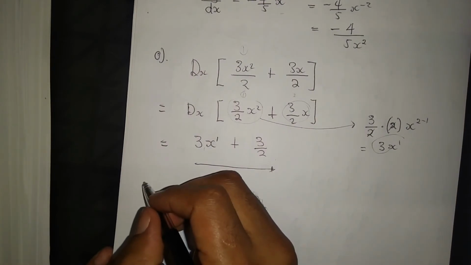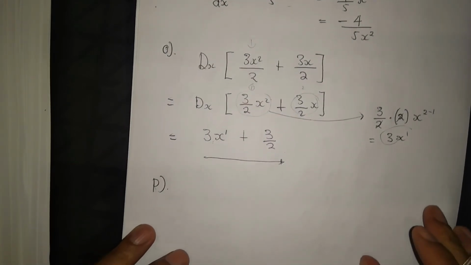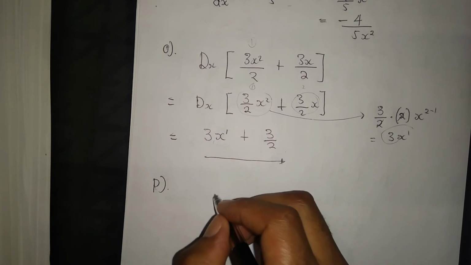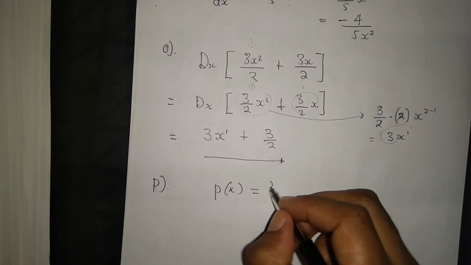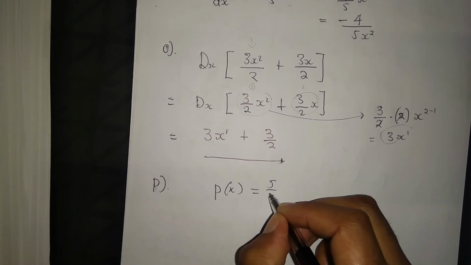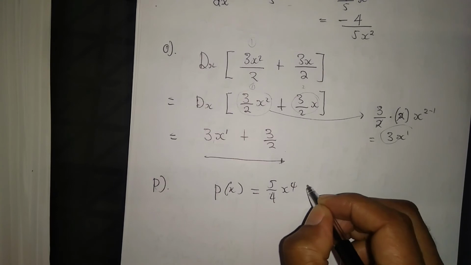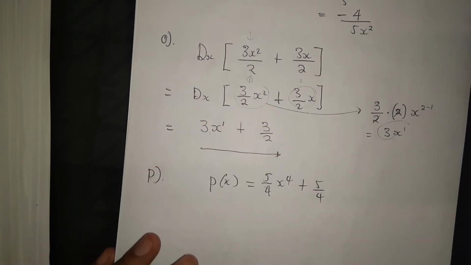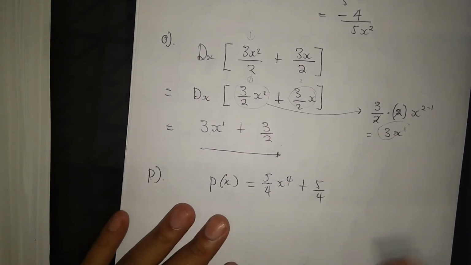And then P. They give us P of x equal to 5 over 4 x exponent 4 plus 5 over 4. Therefore, I don't need to adjust anything. The x is at the side, so everything is fine here.